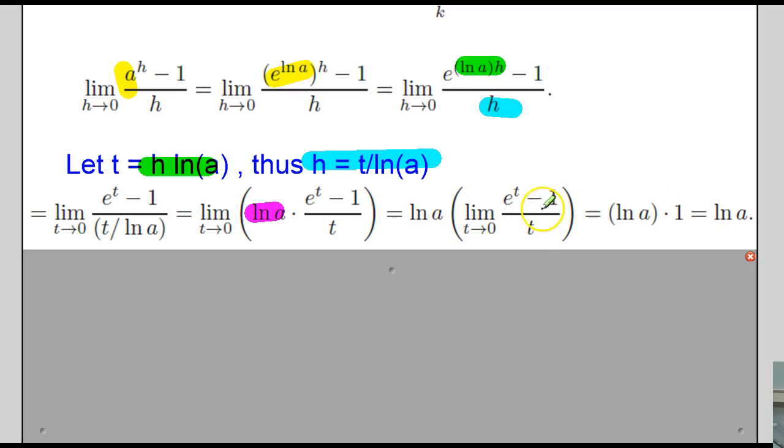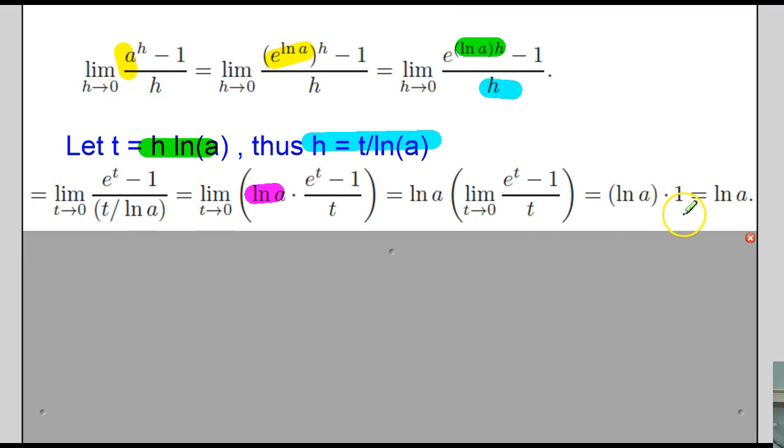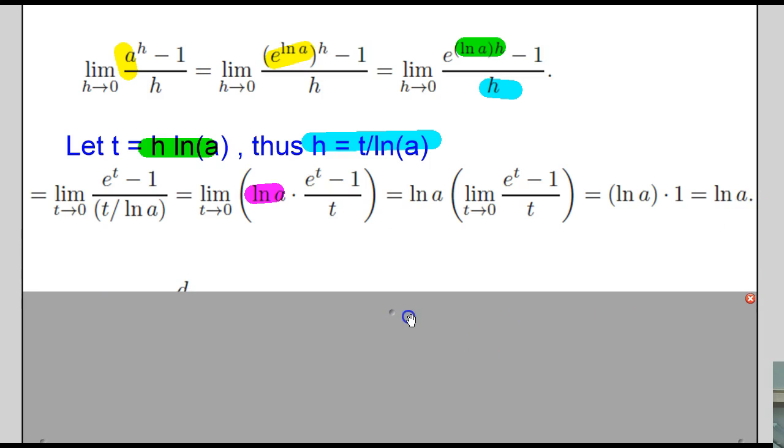And as you may recall, the limit of this is going to be 1. And since the limit of this is 1, that means that to determine what k is, it's the natural log of a times 1, or the natural log of a.